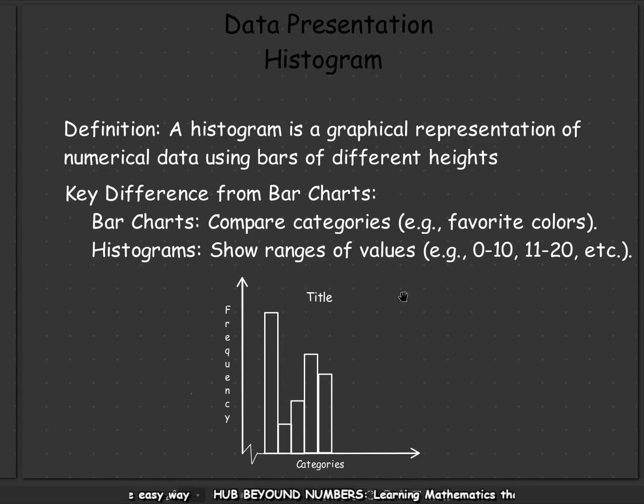Now, this is just an example of how important it is to note the key differences. On the bar chart, you see that there are spaces between the bars, but for the histogram, we don't have spaces. You have your frequencies over here. On the bar chart, you have your categories here, but on the histogram, we put our class boundaries or our class marks over here.